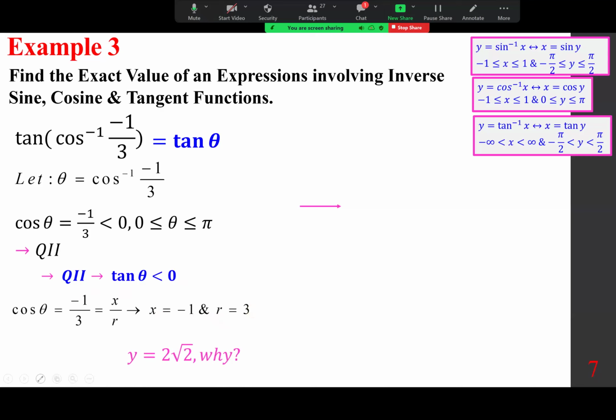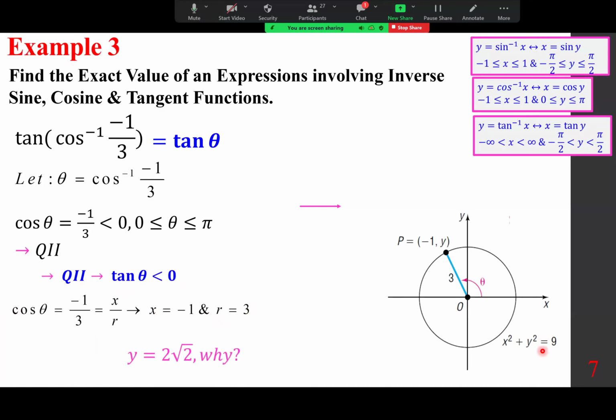Again, let me just show you. x squared plus y squared is 9. Which means x squared, meaning negative 1.